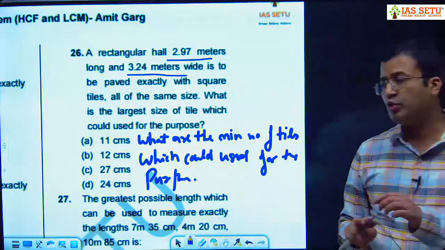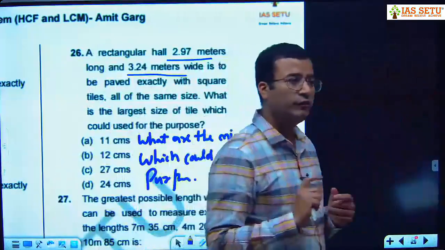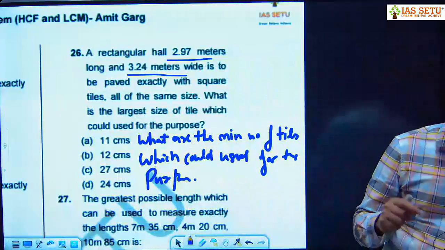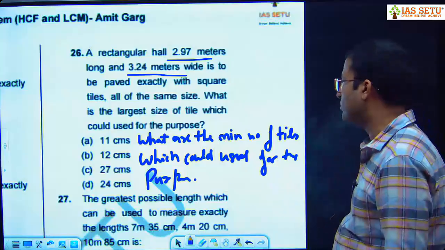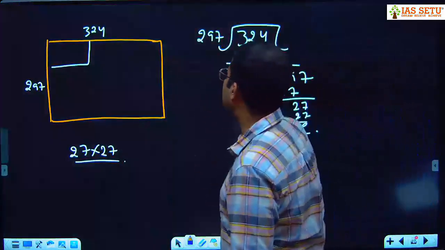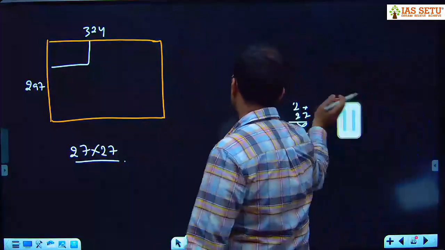तो there are two questions, they might ask what is the size of the tile, where we use HCF. If they ask number of tiles, कितनी टाइल्स चाहिए होंगी, is it okay? What are the minimum number of tiles which could be used for the purpose? So what is important here, size is 27 by 27 centimeter.